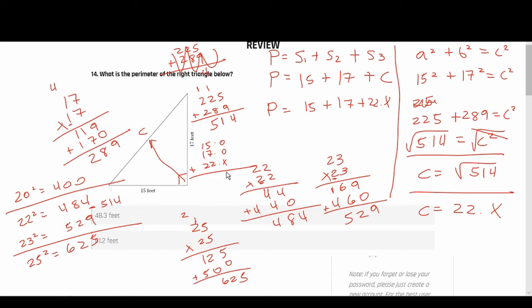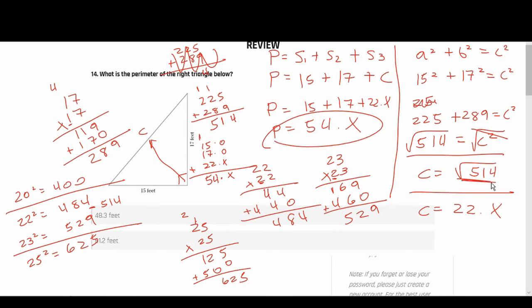So 0 plus x is just going to be x, so we know it's going to end in some decimal there. 5 plus 7, 7, 8, 9, 10, 11, 12, plus 2 is 14. Add the 1. 2 plus 2 is 4, plus 1 is 5. So I know this perimeter has to be 54 point something.